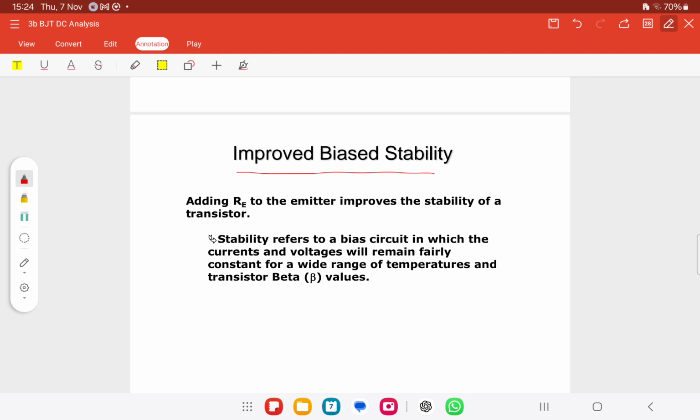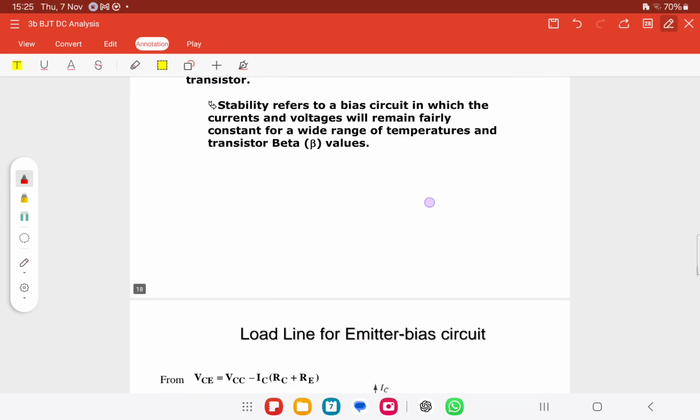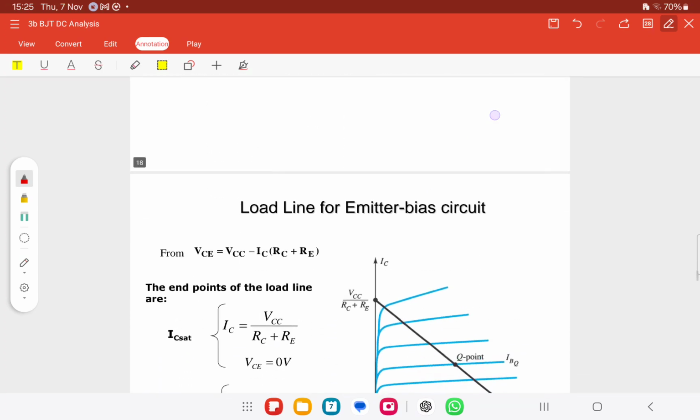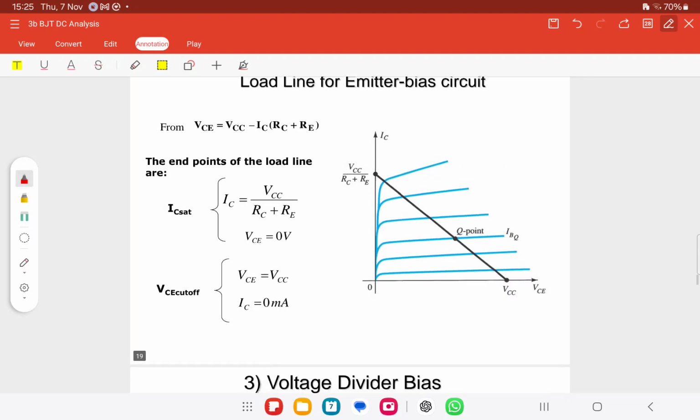Okay, the function of the RE resistor is for stability purpose. Kalau kita nak enhance, katakanlah kalau we have one circuit tapi tak berapa stable, and then we want to enhance the stability, kita tambah one resistor dekat emitter. So the stability dia akan effect dekat sini, dia ada RE. Sebab dekat dalam KVL dia ada this RE. So tu je.